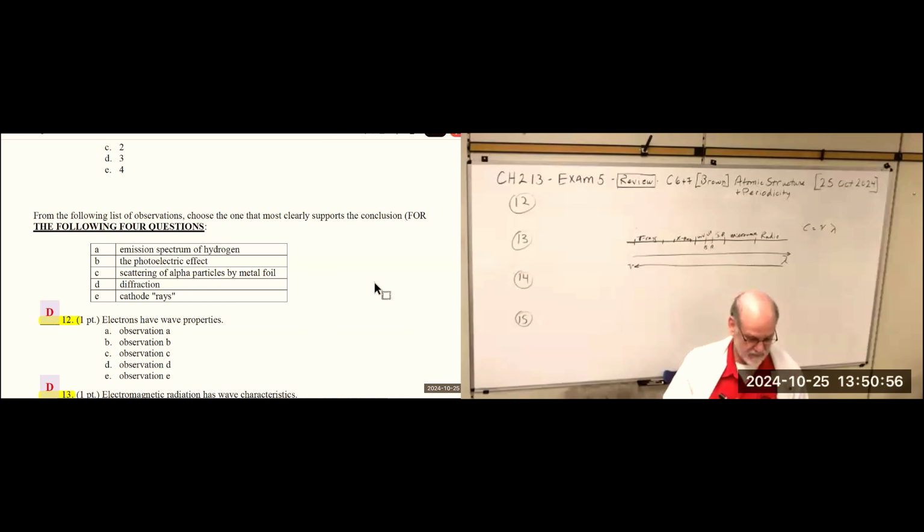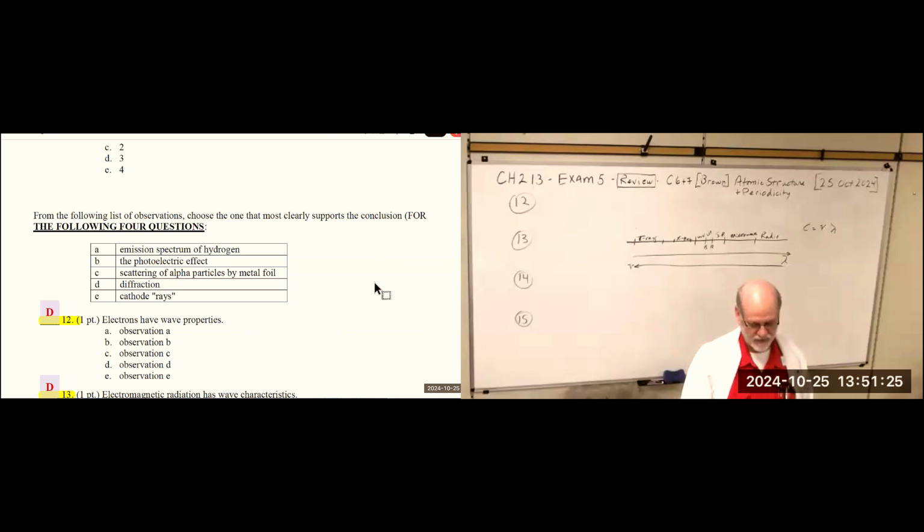Emission spectrum, no, that's more discrete energy particles, photons. Photoelectric effect, that's definitely photons. Right. Scattering of alpha particles by metal foil, I don't know what that has to do with anything. Well, according to Rutherford, it proves the existence of the nuclear atom.